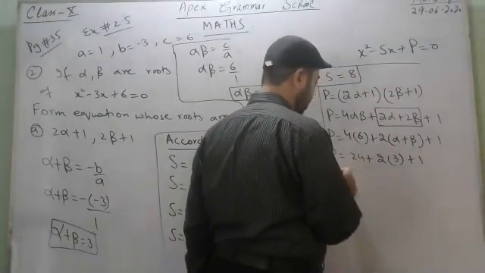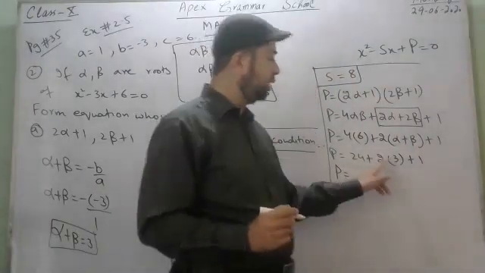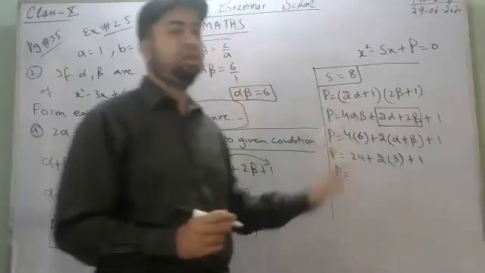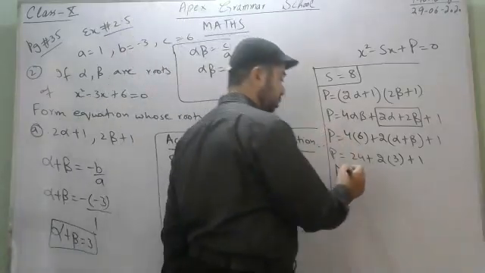Now solve it. 2 3s are 6, plus 1 is 7, and 7 plus 24 makes 31.